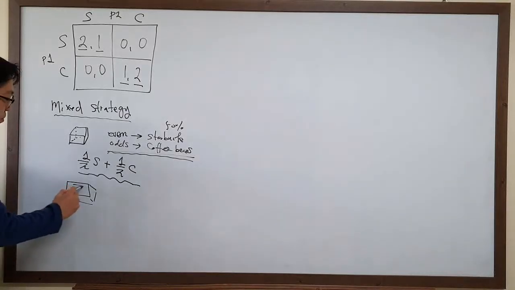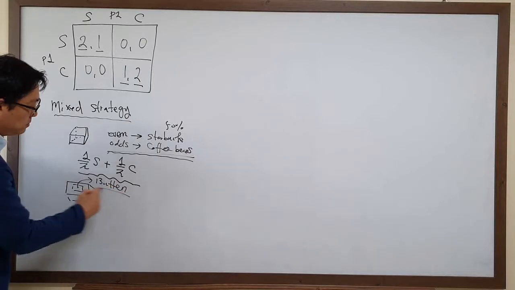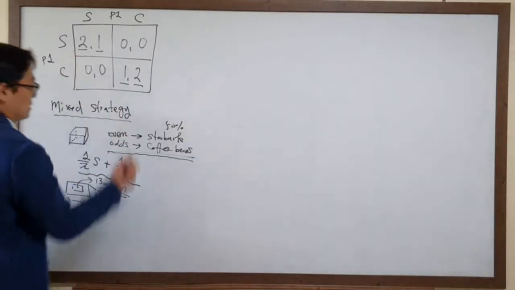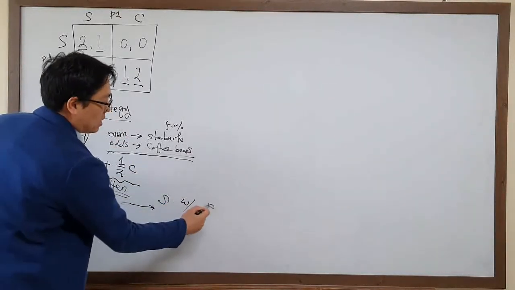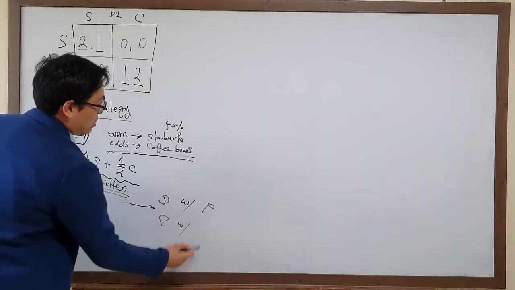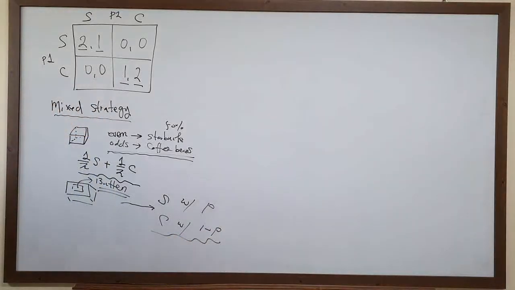If you push a button here, then this machine will give you S with probability P, and C with probability 1 minus P. It can be possible.